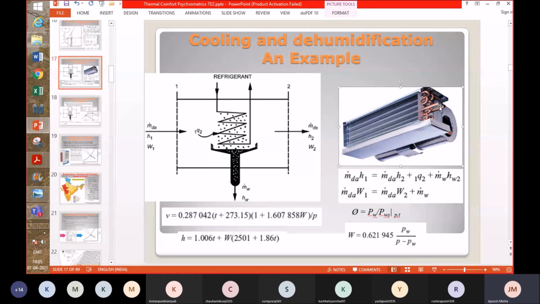Through these tubes, the chilled water or the refrigerant may flow, and there is a fan provided here which will take the air probably from the room, pass it over this, and deliver it back into the room. This process is most likely a cooling and dehumidification process. That's why I've just shown one of the possible hardwares using which you can achieve cooling and dehumidification.